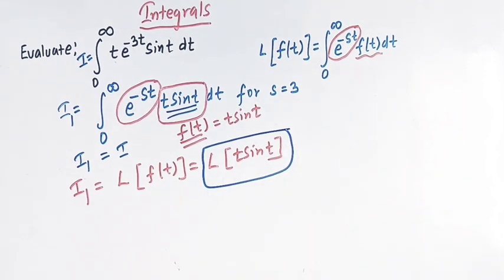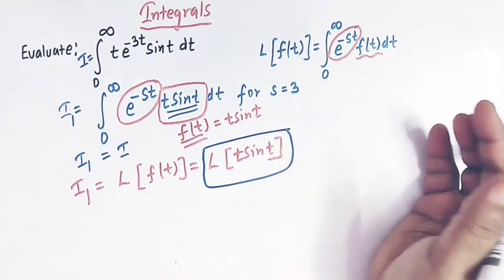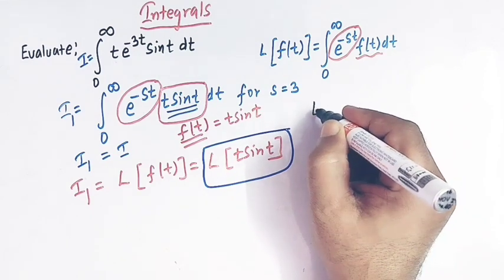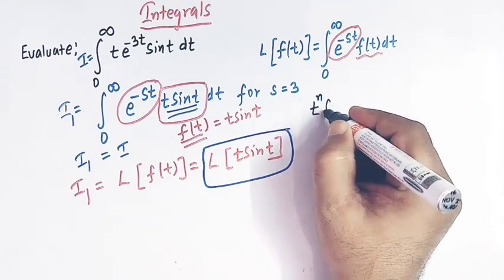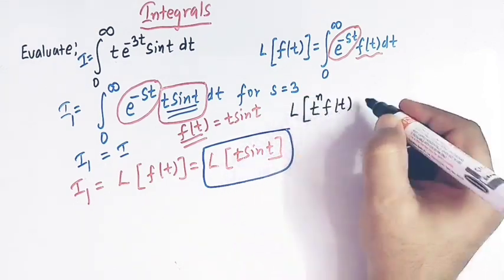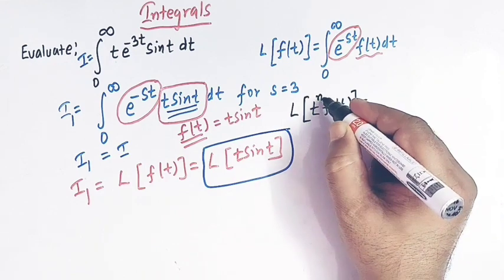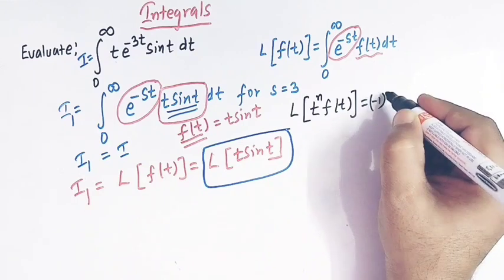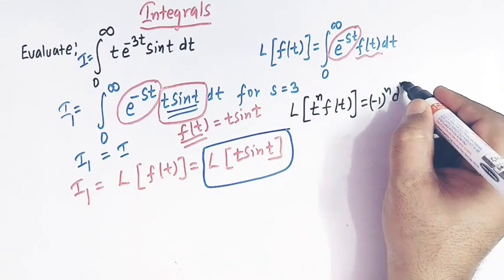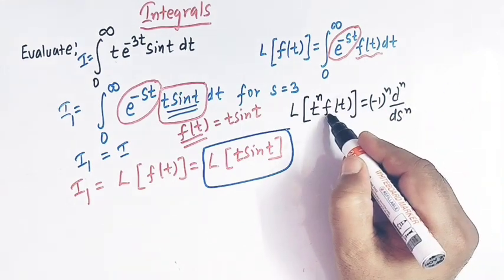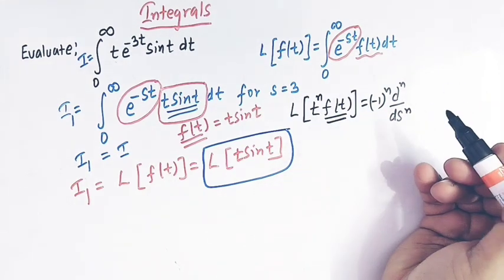So now see, we have an important property of Laplace transform, that is, if we have a function say t raised to n f of t, then the Laplace transform of this function t raised to n f of t is given by minus 1 raised to n, and the nth derivative of the Laplace transform of f of t, right?